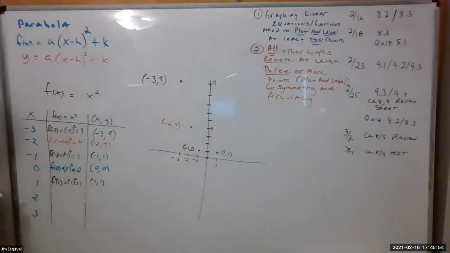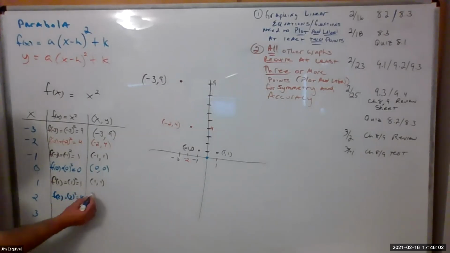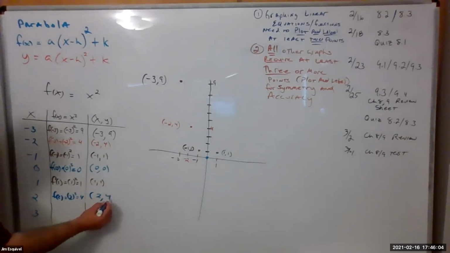And then we try 2, f of 2. And we get 2 squared. 2 squared is 4. So when you plug in 2, you get a 4.